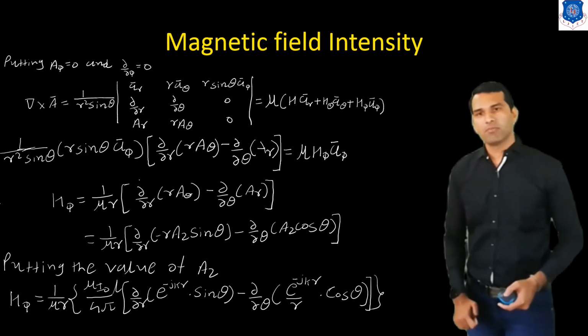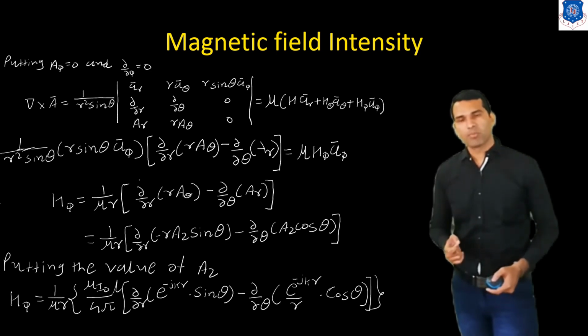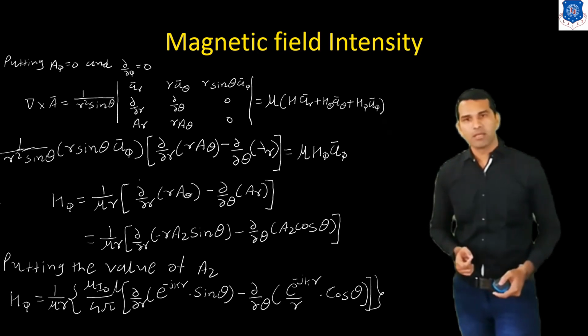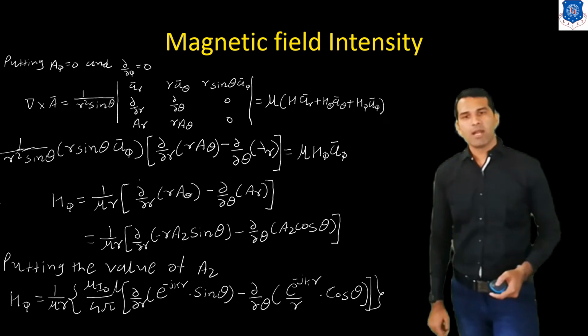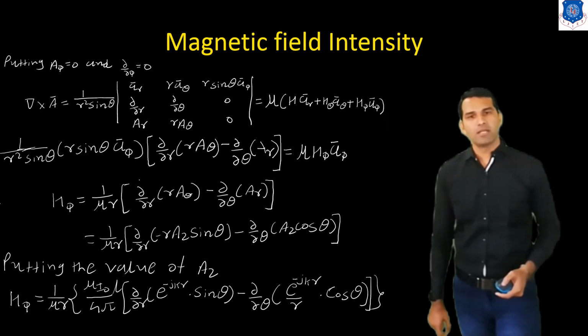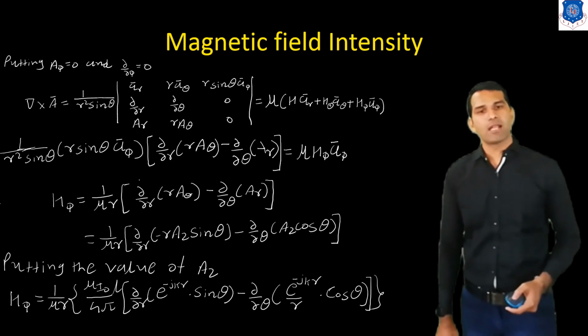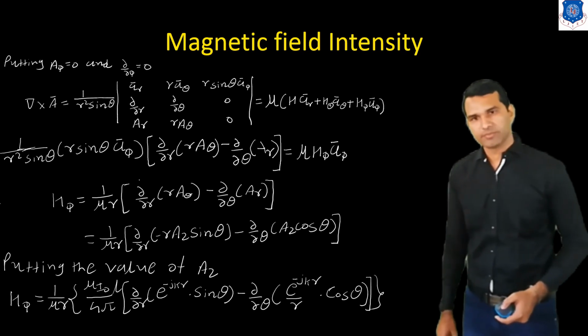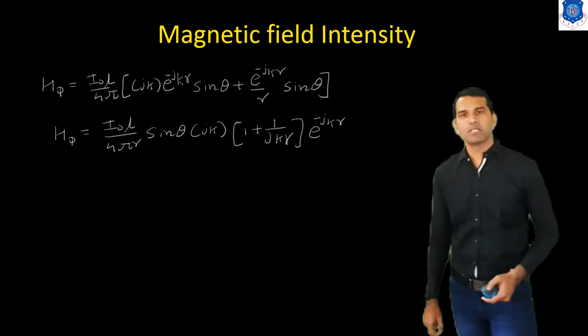The equation becomes H phi is equal to 1 upon mu r, mu I0 upon 4 pi L, del by del r of e raised to minus jkr into sin theta, minus del by del theta of e raised to minus jkr upon r cos theta. Now we solve this equation.